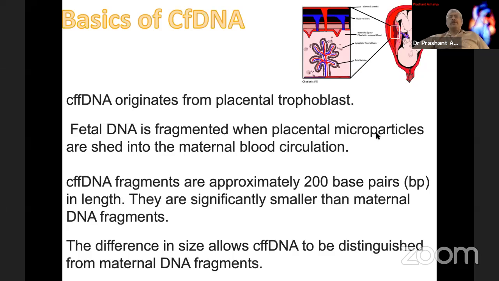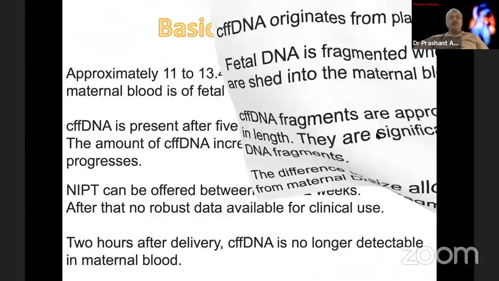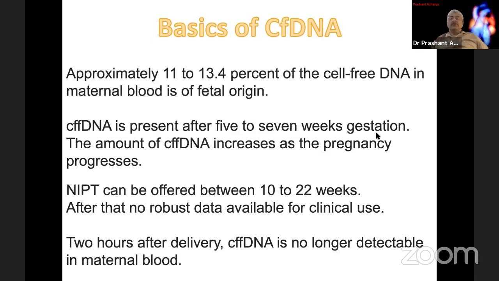Maternal fragments are 400 to 600 base pairs. So maternal blood is taken. From there, the fragments which are around 200 base pairs are separated, and then they are run as massive parallel sequencing against the normal human genome, and they try to match these fetal DNA with the normal human genome.